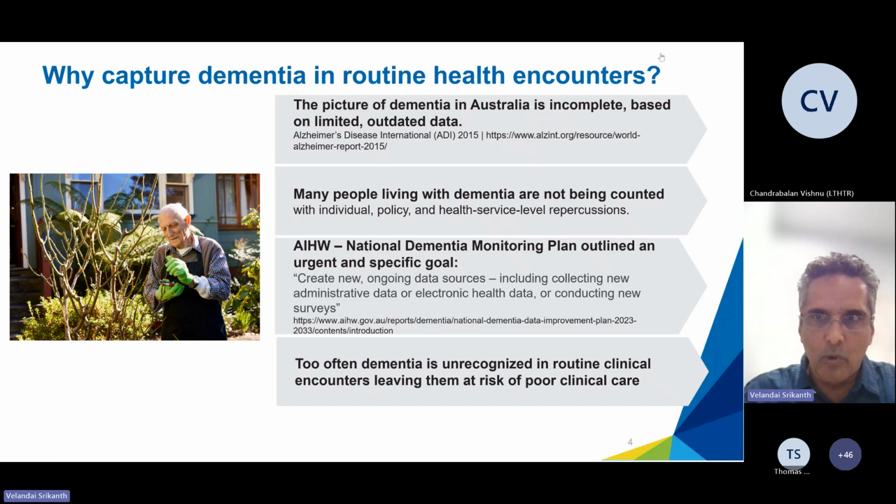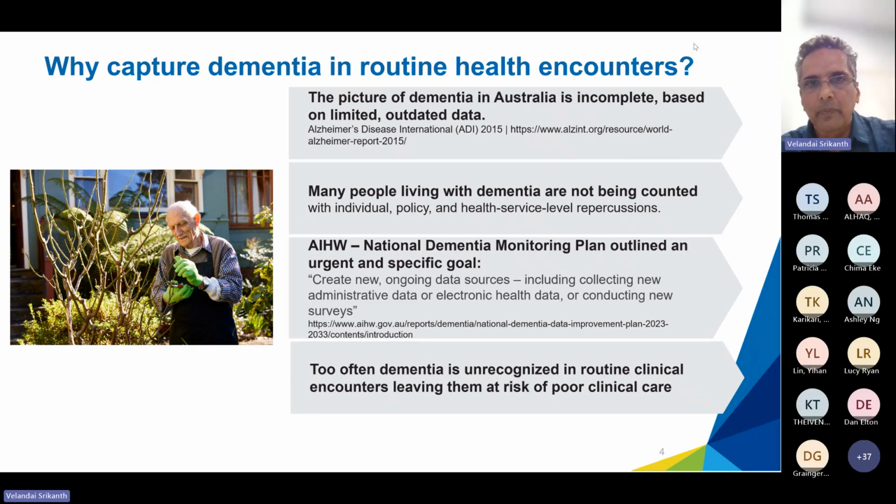And I guess the reason why we wanted to do this was it started out as a grant that we got to try and improve methods to estimate dementia prevalence in the community. We know that most estimates of dementia prevalence come from routinely collected structured data, and most of that comes from healthcare utilization.